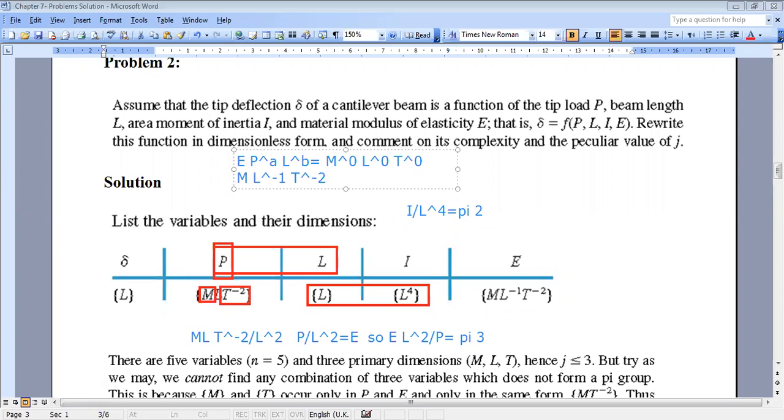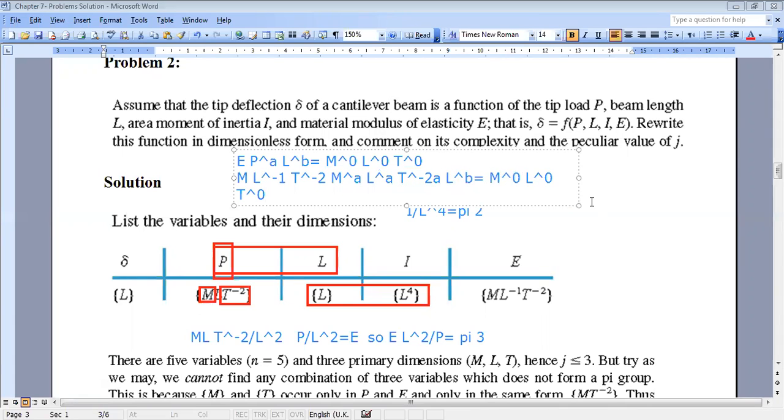And for P you have M L T minus 2, so it's M to the power a times L to the power a times T to the power minus 2a times L to the power b equals M0 L0 T0. Okay, this is your equation. And now you do comparison.